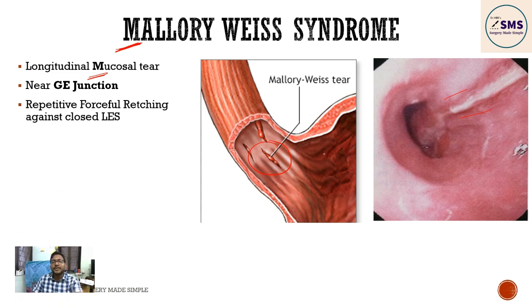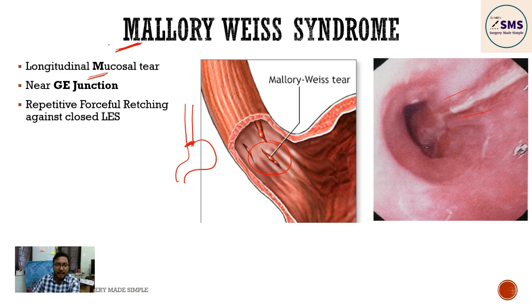Now, why is it happening? Whenever a patient is trying to vomit and unfortunately at the same time the lower esophageal sphincter, which normally should relax, is closed, and there is still forceful retching against this closed lower esophageal sphincter, there will be a mucosal tear at the GE junction.